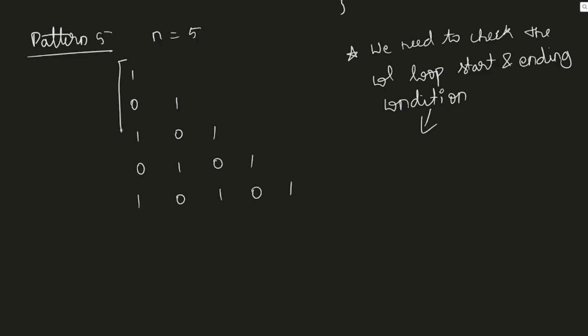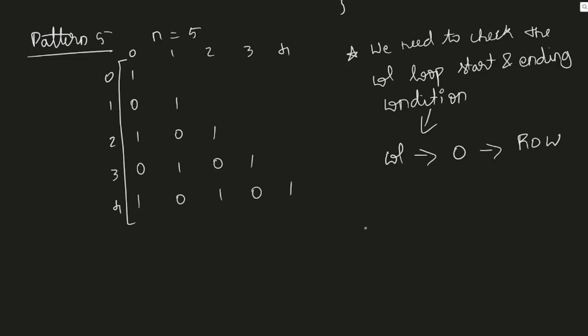If we write down the indices here 0, 1, 2, 3, 4, this particular pattern's indices start from 0. Even the column loop starts from 0. The starting and ending condition of the column loop is the same as the value of I. I is nothing but row. The column loop starts from 0, goes till the value of I, including row.